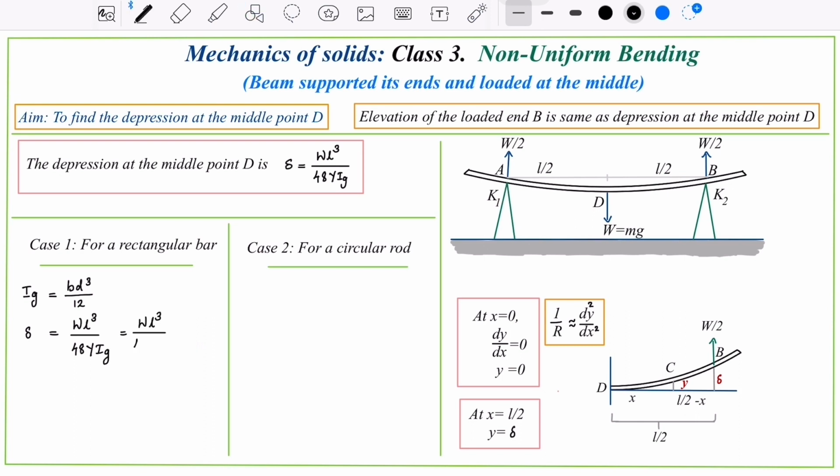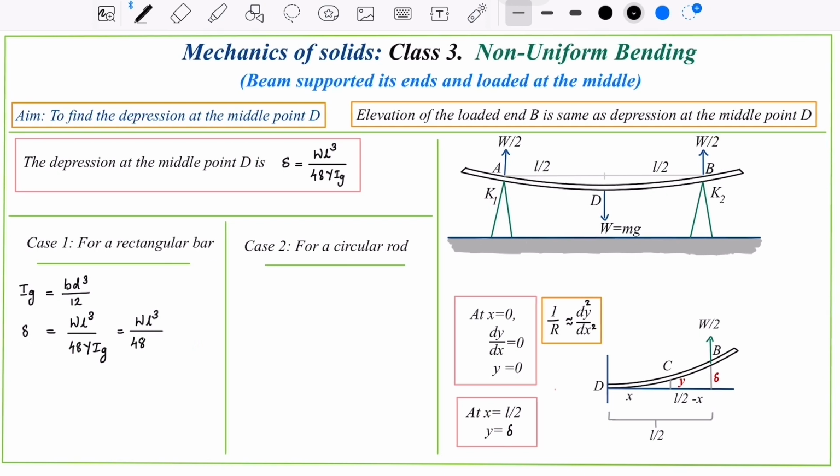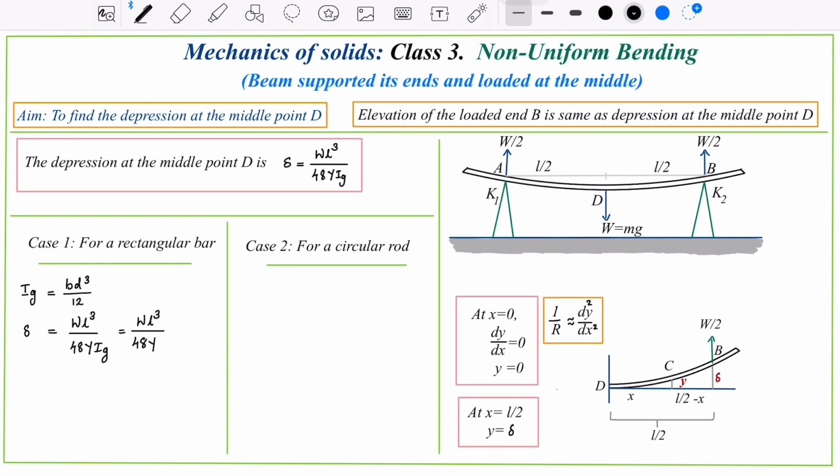That is equal to BD cube divided by 12. Therefore, the depression at the middle point is delta is equal to WL cube divided by 4Y BD cube. This is the expression for the depression at the middle point when a rectangular bar is loaded at the middle and fixed at both ends.